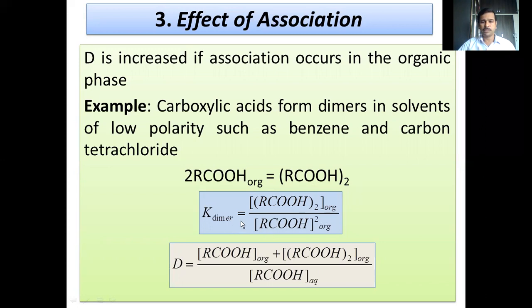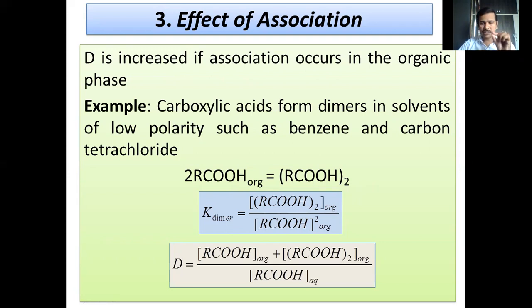The dimerization constant will be simply the ratio of the concentration of the dimer in the organic phase divided by the concentration of the carboxylic acid to the power 2 in the organic phase, because this process takes place only in the organic phase, not in the aqueous phase.